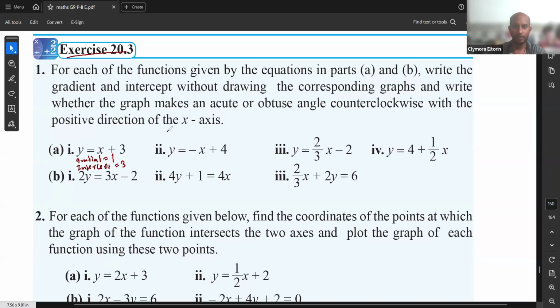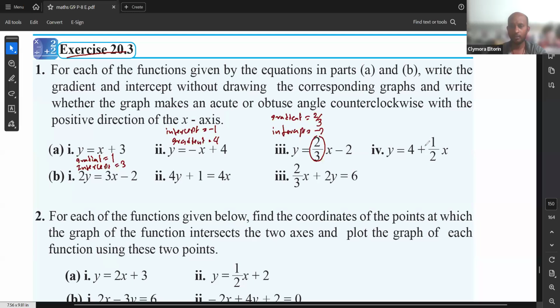So here the intercept is minus 1, and the gradient is plus 4. In this case, what's the gradient? The gradient equals 2 upon 3. What's the intercept? Minus 2.